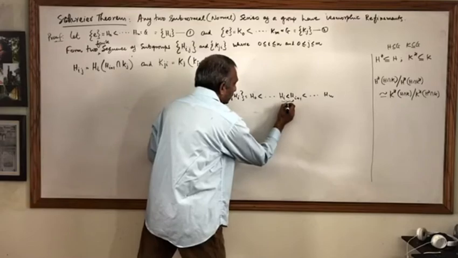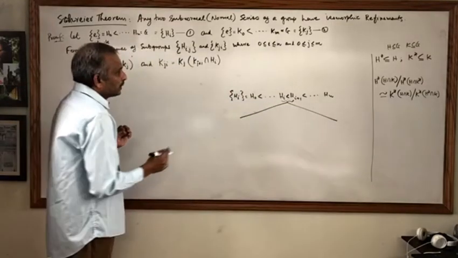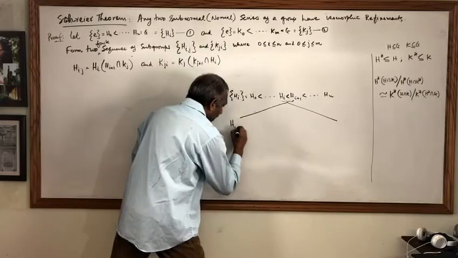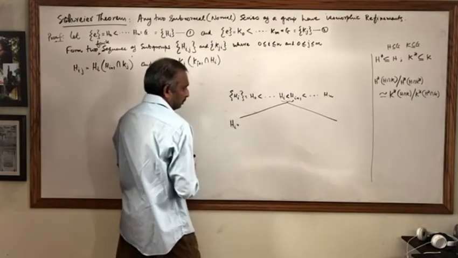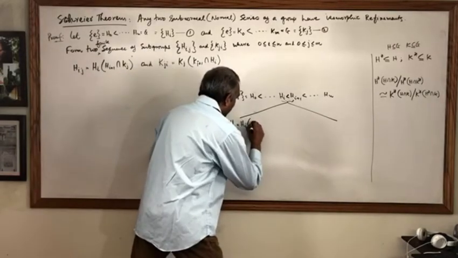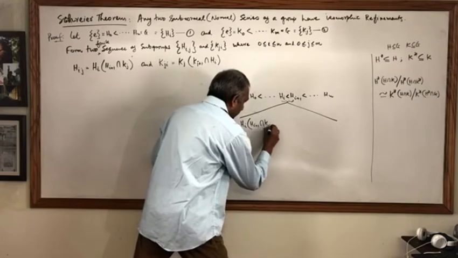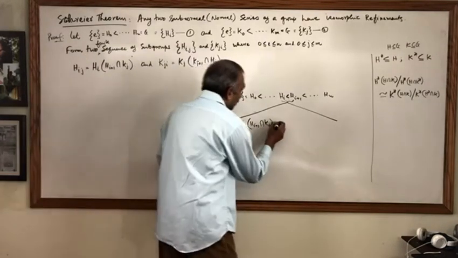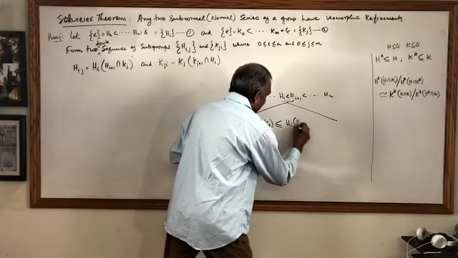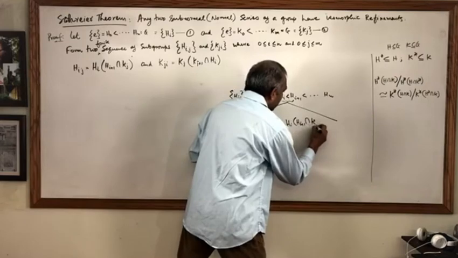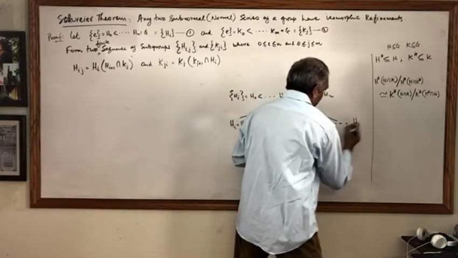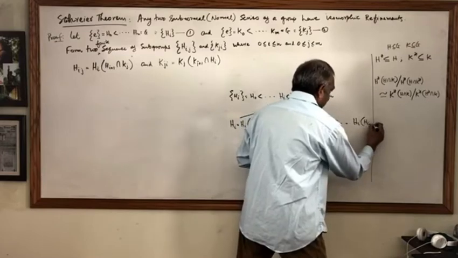We are going to include a sequence of groups in between, like Hi = Hi times (Hi+1 intersection K0), which is a subgroup of, again we are repeating this Hi and Hi+1 but we change the subscript, and we go all the way up to Hi times (Hi+1 intersection Km).